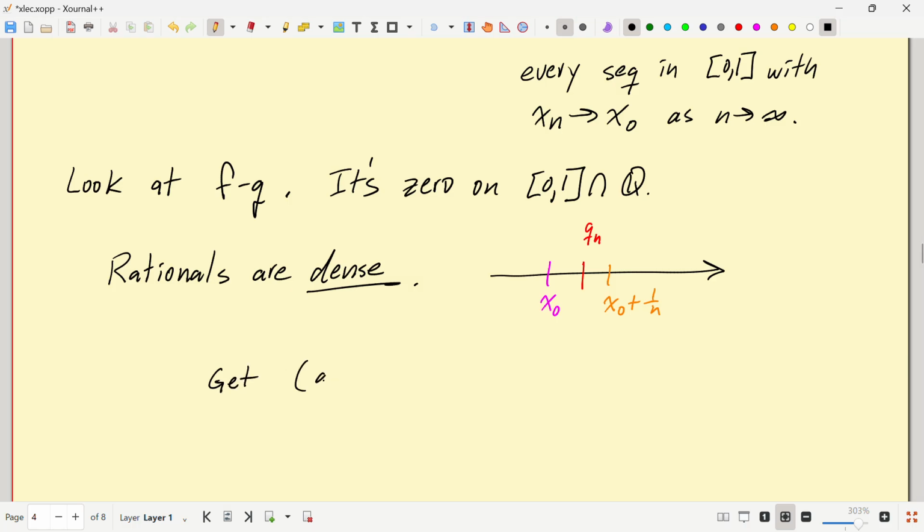I get a sequence qn tending to x naught, and f minus g is continuous, and it's 0 on that qn.